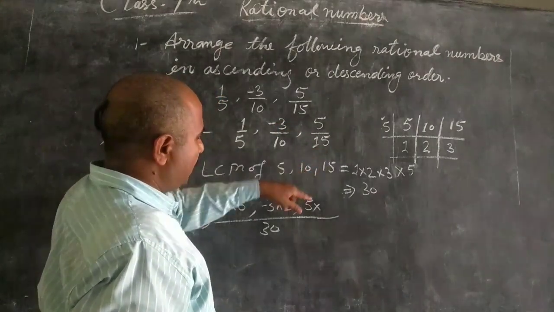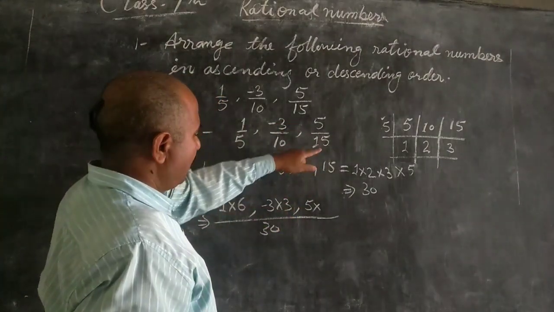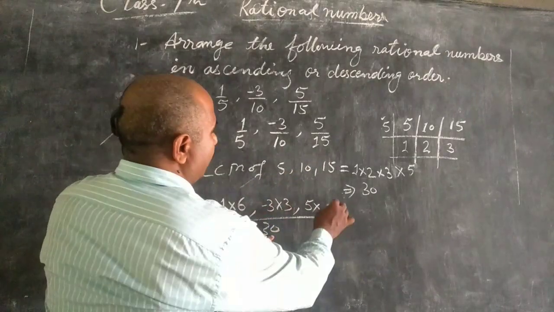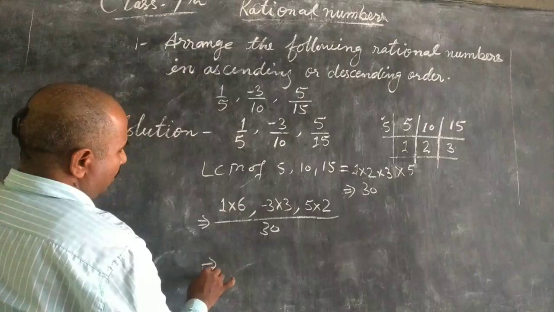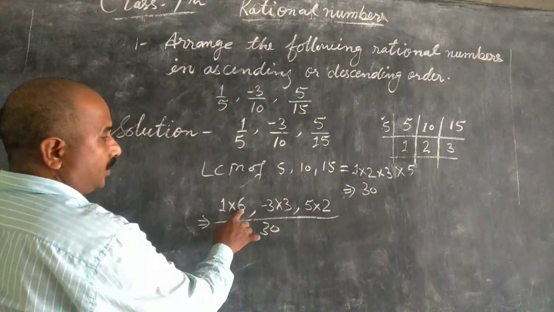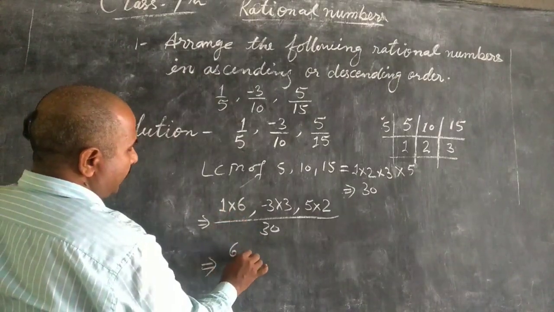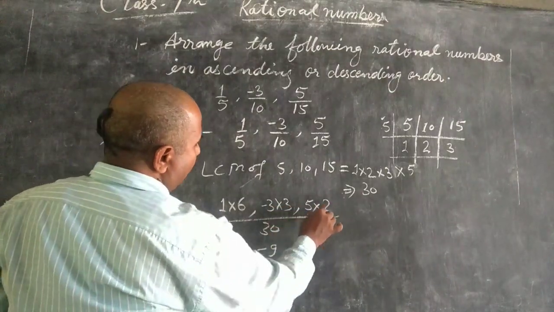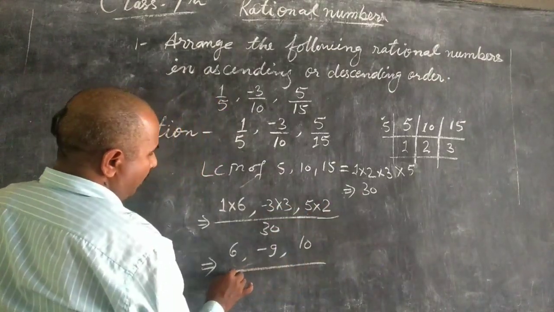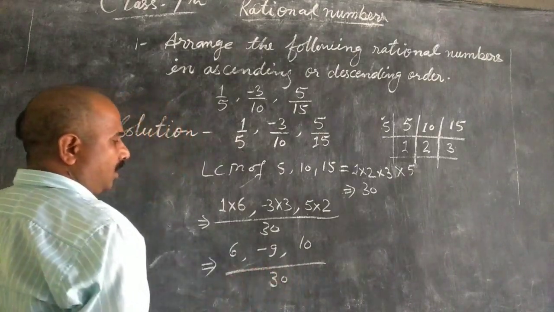Now you will divide the LCM by 15. 15 2s are 30, 5 into 2. Now get the product. 6 1s are 6, 3 3s are 9, minus 9, 5 2s are 10, upon 30.